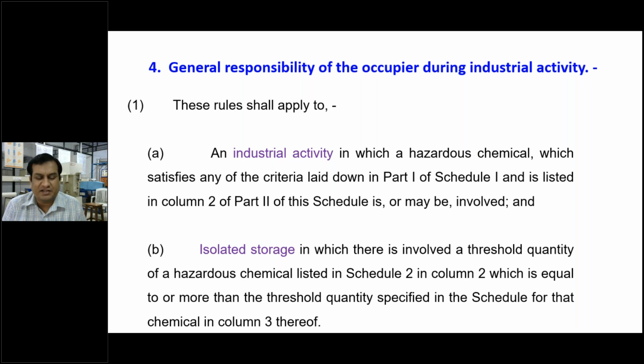So whatever activities are related to hazardous chemicals, that should be inspected, that should satisfy the needs or the guidelines given by this MSIHC. Whatever isolated storage is in your factory, in your premises, you should inspect that. The occupier should observe whether all these storages are as per norms, whether they are as per the threshold quantity or not. This is the responsibility of the occupier.